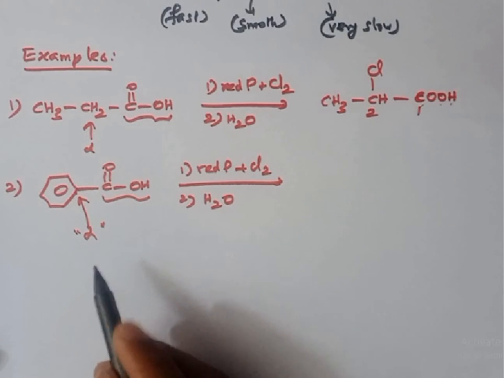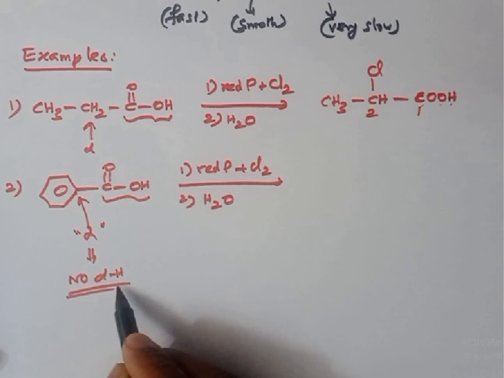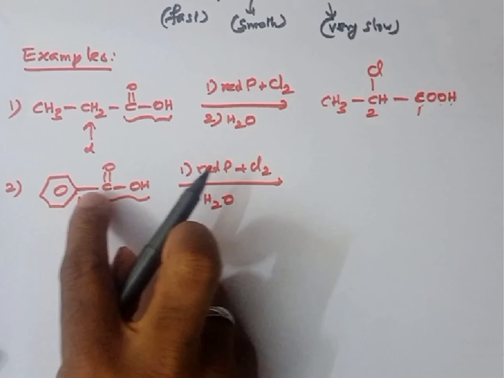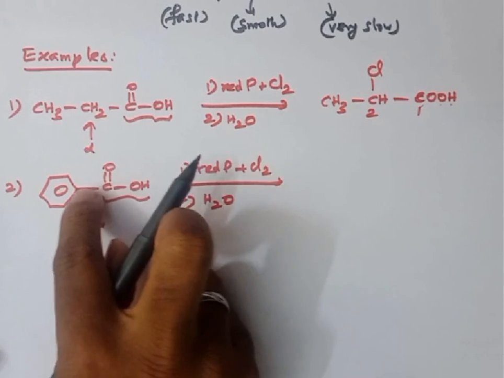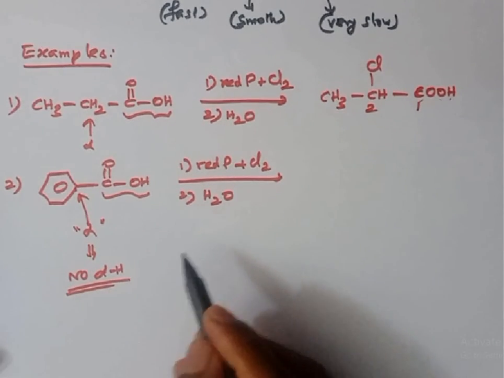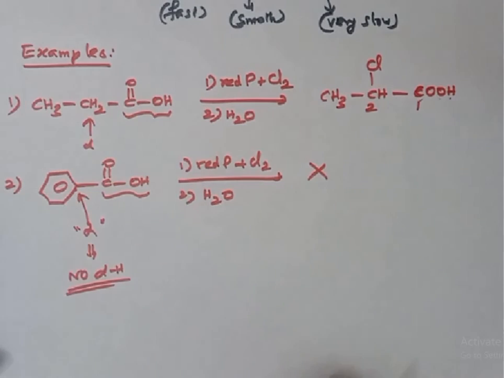This is the alpha carbon, but there is no alpha hydrogen present, because in benzene, you know very well, each carbon has one hydrogen, but here that hydrogen is removed. Instead of that, this acid group is attached. So in the alpha carbon there is no hydrogen present, therefore the HVZ reaction does not occur in this compound.